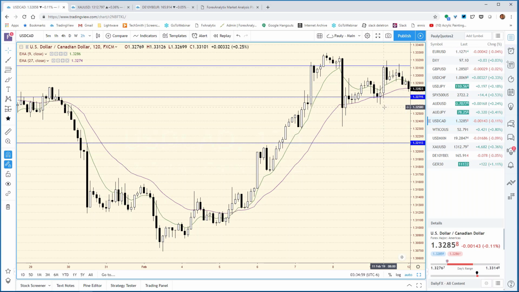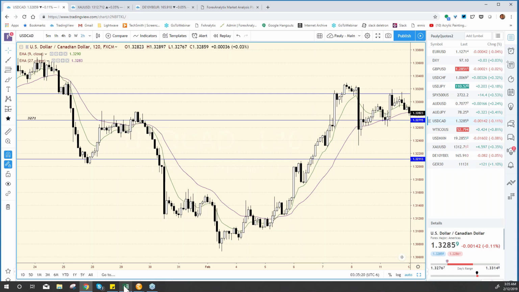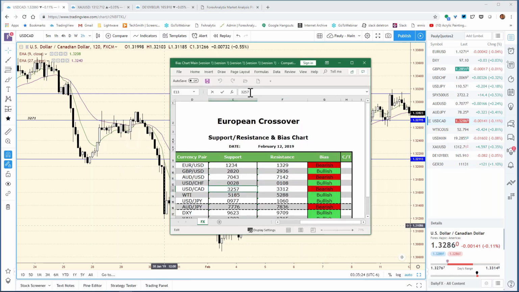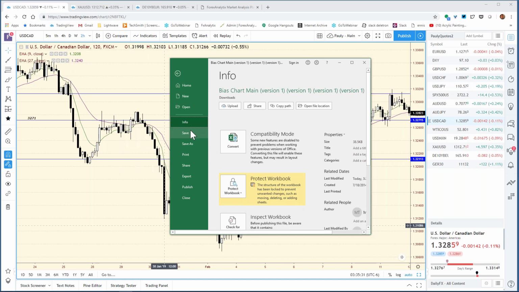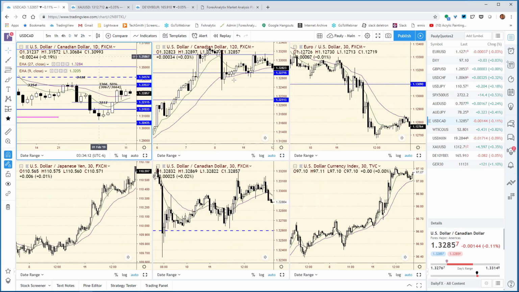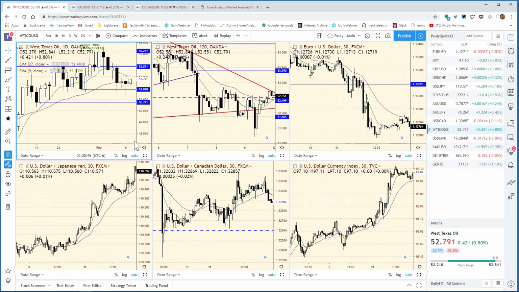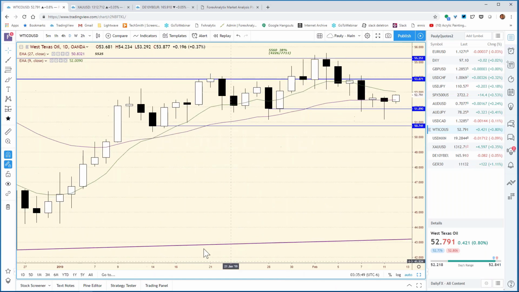As you can see here, it's trading in a very, very tight range. Right there, 32.50 for support.